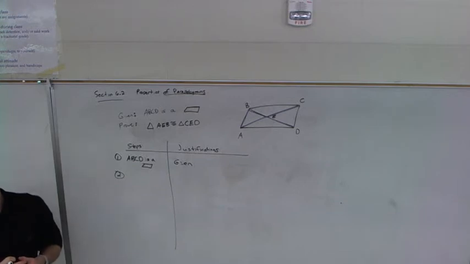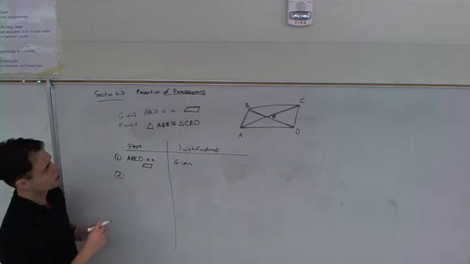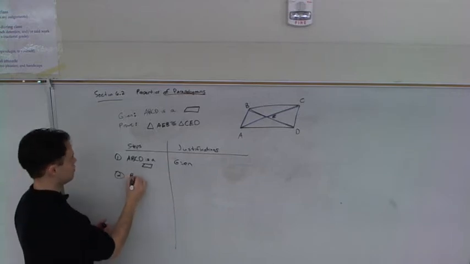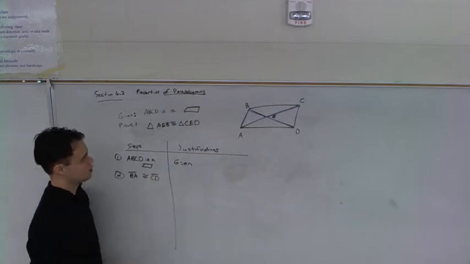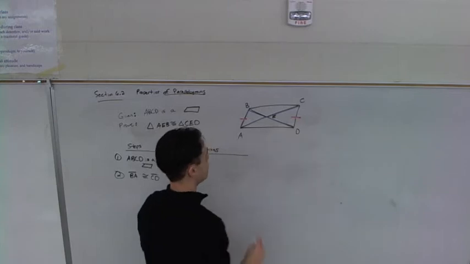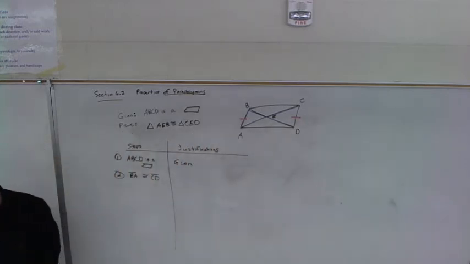I said BC equals AD and BA equals CD. So BA is the same as CD. He said this, but those are the same. Did one of our three things say that?